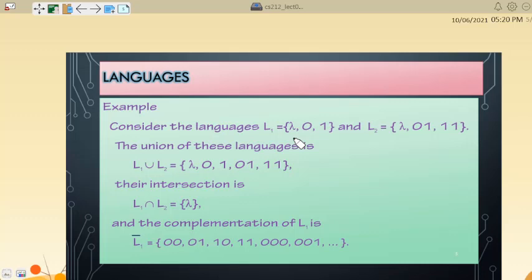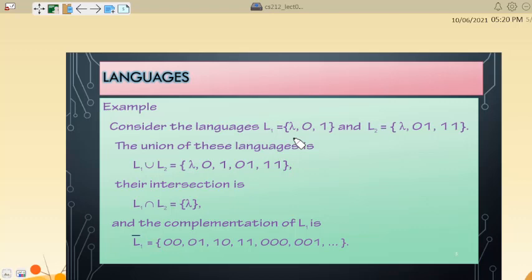Lambda is in L1 and L2, so we take just one lambda. 0, we take 0. 1, we take 1. 0, 1 is only in L2, so we take 0, 1. And 1, 1 is only in L2, so we take 1, 1. So this set is L1 union L2.